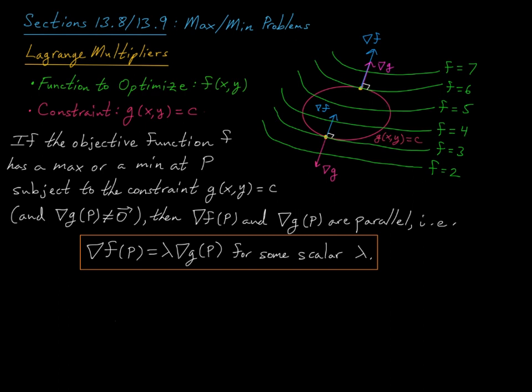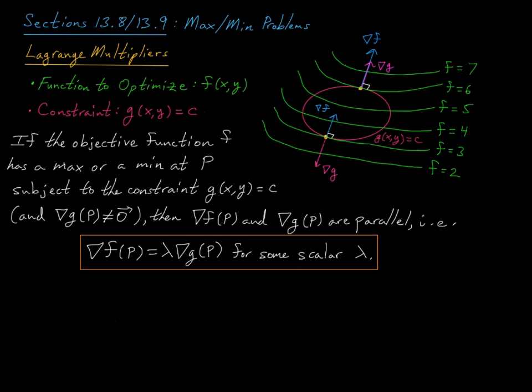So in this picture, I'm interested in this point right here in yellow that lies on the constraint curve and on this level curve where f is 6. And I'm interested in this point in yellow along this level curve where f is equal to 3.